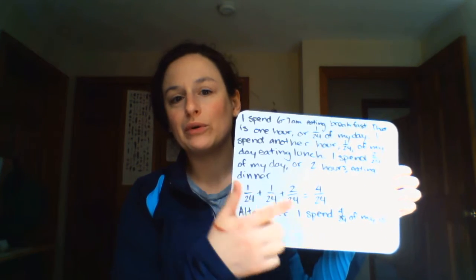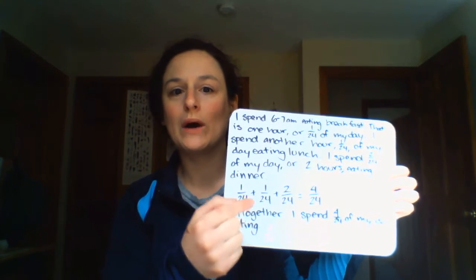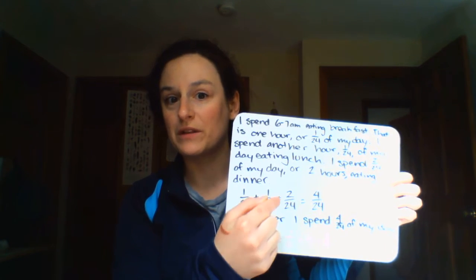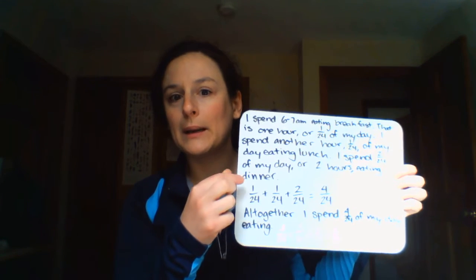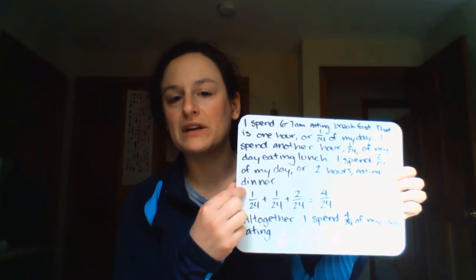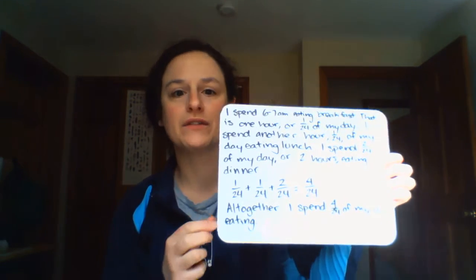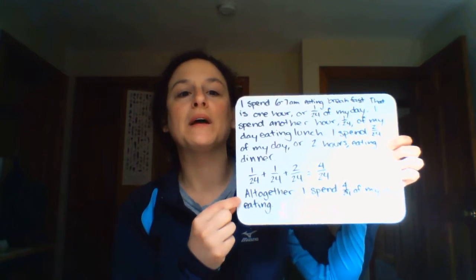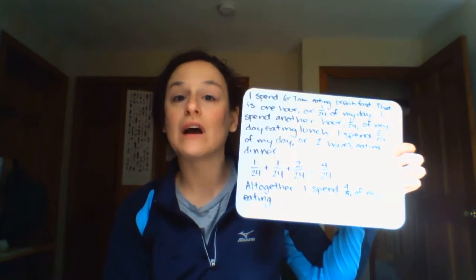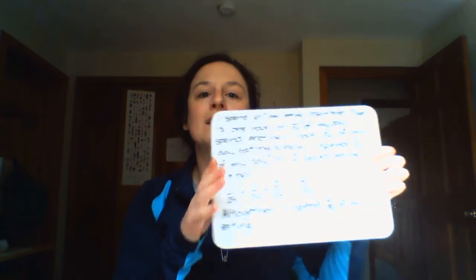So I get 4/24ths when I add 1/24th plus 1/24th plus 2/24ths, because when I'm adding these numerators, 1 and 1 and 2, I get 4. When we add, we only add the numerators. So altogether, I spend 4/24ths of my day eating.